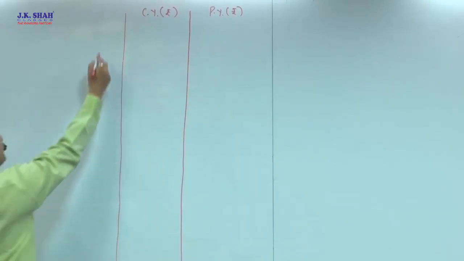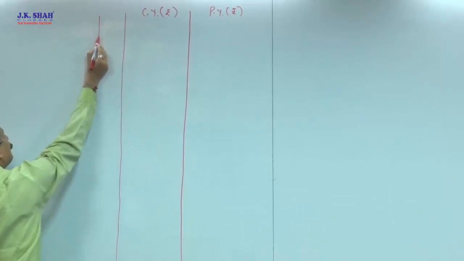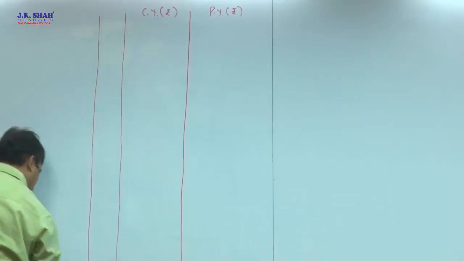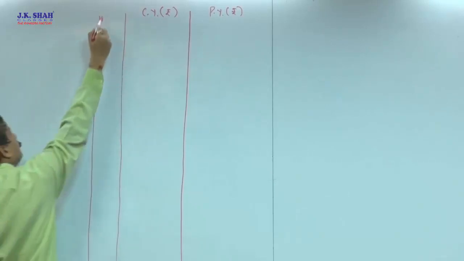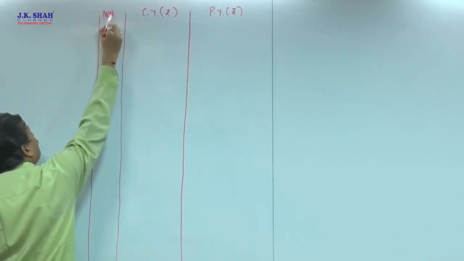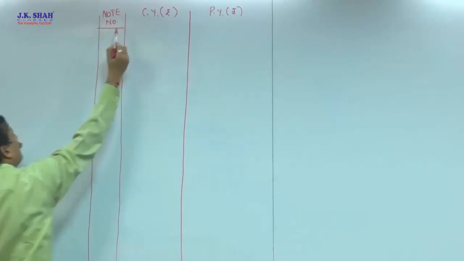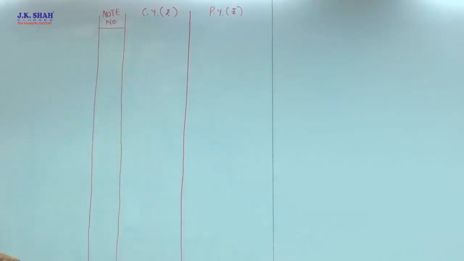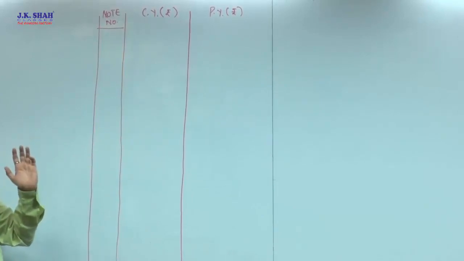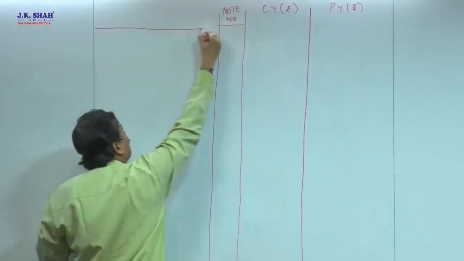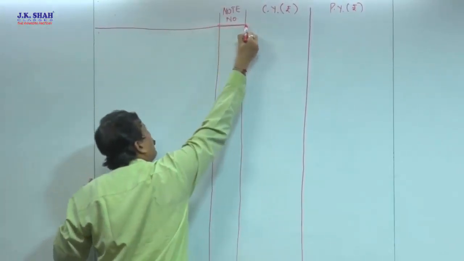One more column will come, and that column will indicate the note number. To show that which head has been allotted which note number. And of course, the main space will be for particulars.